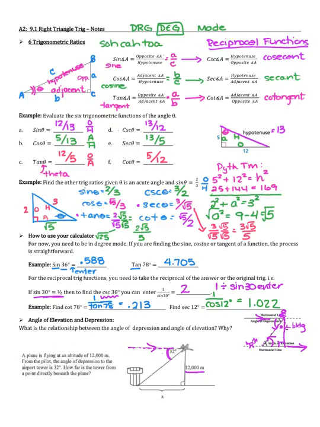Again, that's an angle of depression. So right away, we know that this angle down here is also going to be 32 degrees because those are alternate interior angles. All right, we want to find how far away the plane is at this moment in time when that angle is 32 degrees.